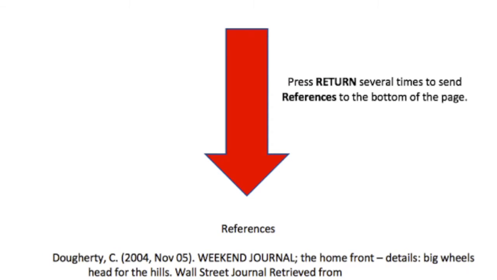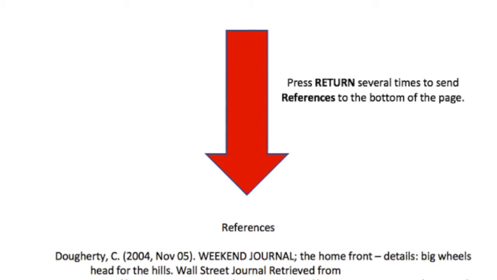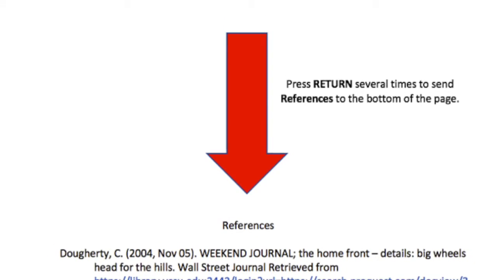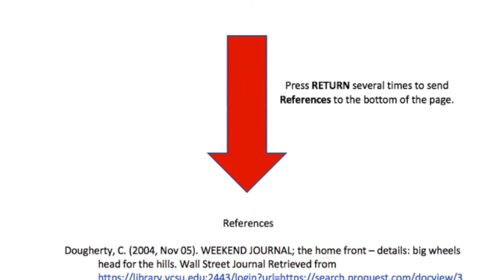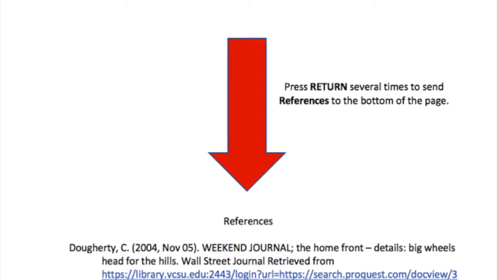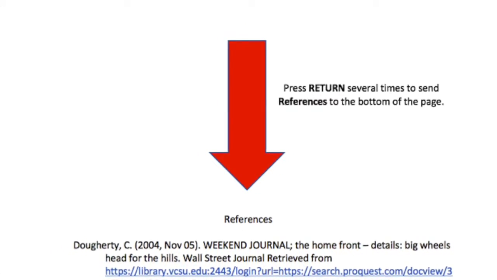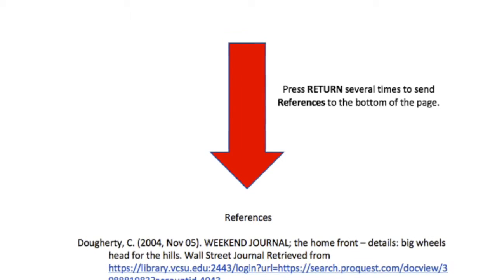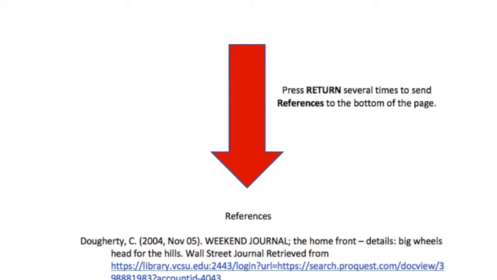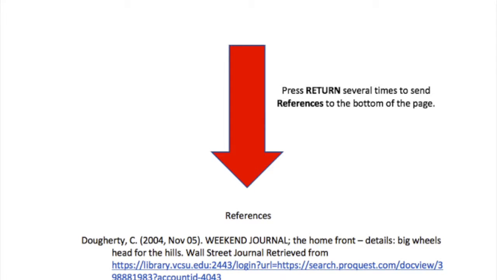I need to create an outline for my paper, and I've found an easy way to do this. I return to my reference page. I scroll to the very top of the page, then I place my cursor at the top and click Return a few times. This sends references to the bottom of the page and gives me some space to work.